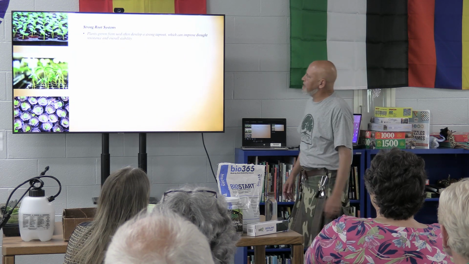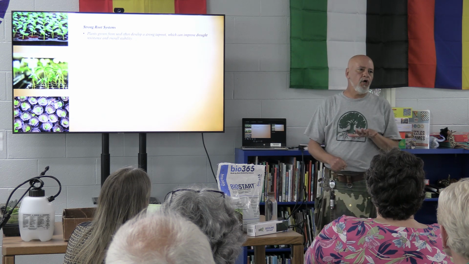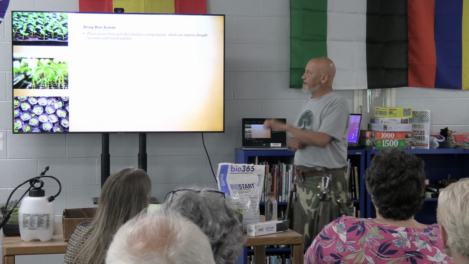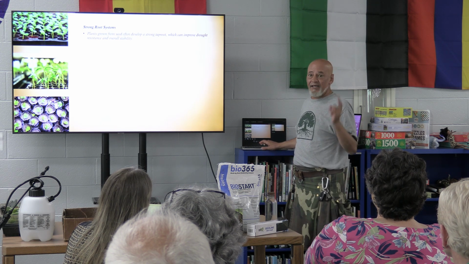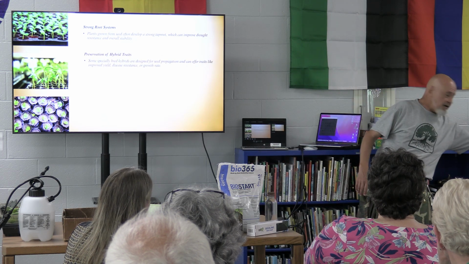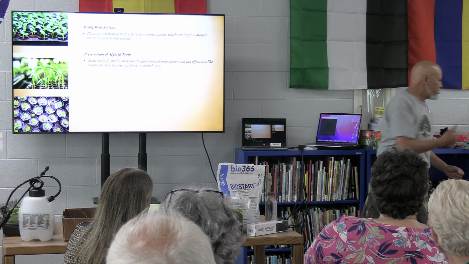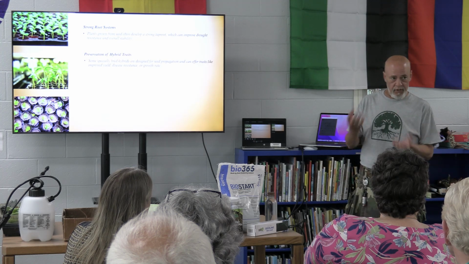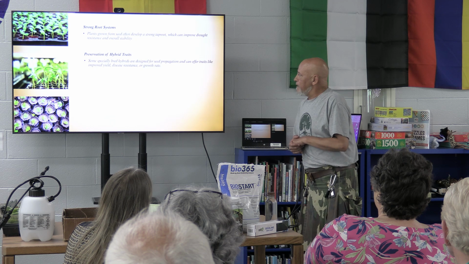More sexual advantages. Okay, so plants grown from seed have a very strong taproot system, and this is where you breed for drought tolerance and just overall stability. It's a great reason to do that. Now, I grew these from seed, but I'm going to propagate them today from the cuttings, and I wish I had one that I'd already done so I could show you the difference in the root structure, because the root structure from seed is going to be much stronger all the time.